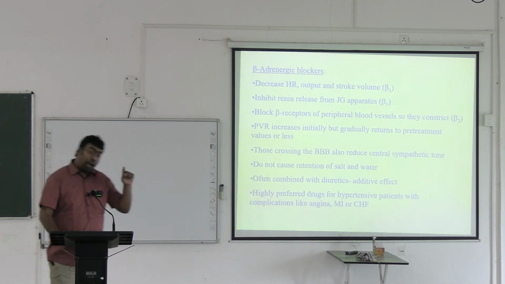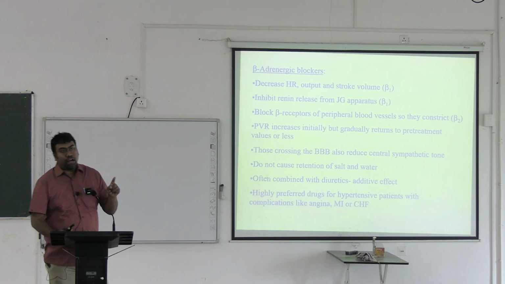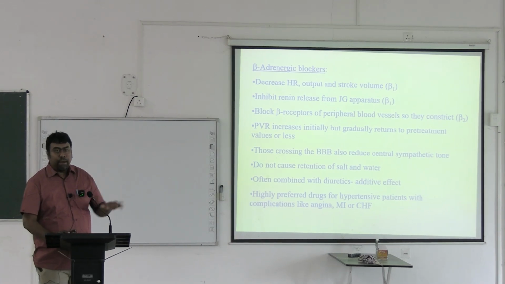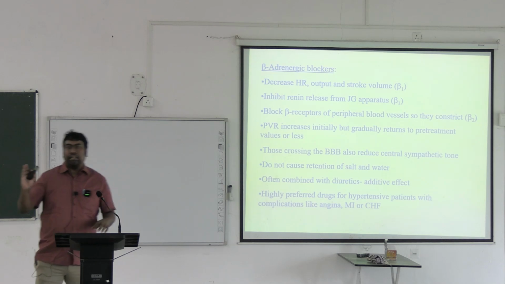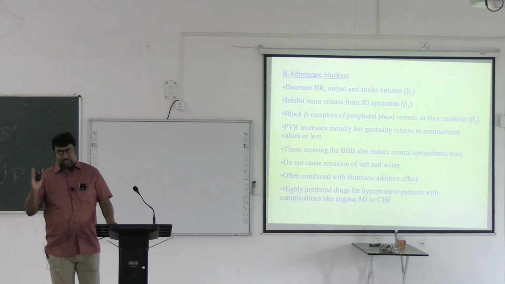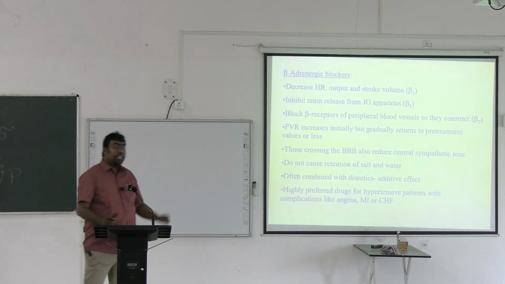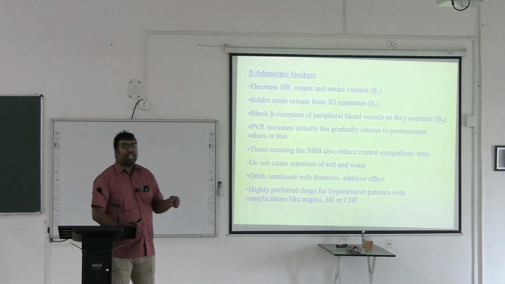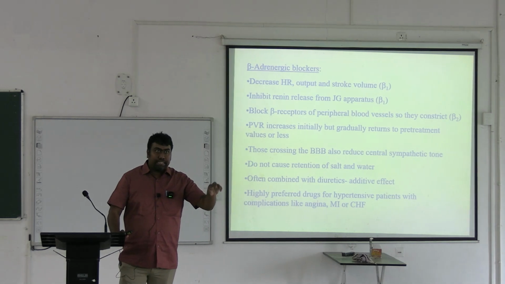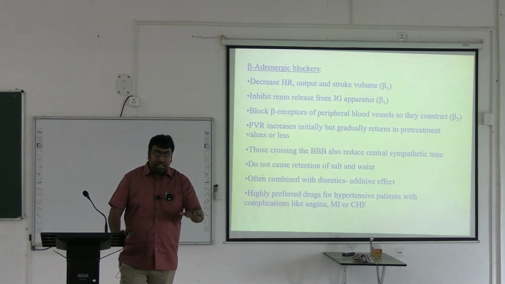Similarly, number 2, you have to write down. If you only write that beta 1 in the heart is blocked and that reduces hypertension, you will not get more than 50%. Clear? The second point is, it also blocks the beta 1 present in the juxtaglomerular cell. They block beta 1 in the juxtaglomerular cell, which reduces renin secretion.